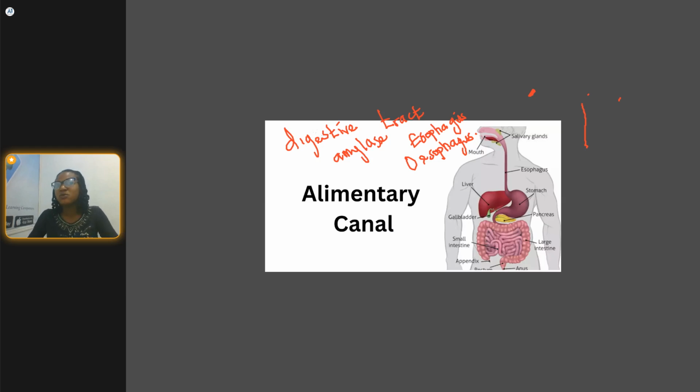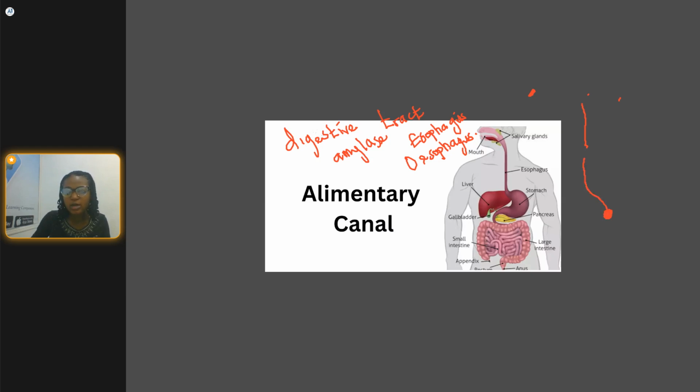So as you are taking the food, the esophagus is contracting and pushing it to the right place. That is the function of the esophagus. It moves in a wave-like way, so it contracts and moves the food to the stomach.